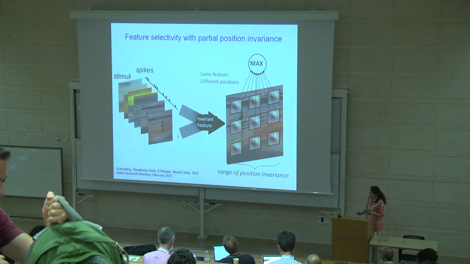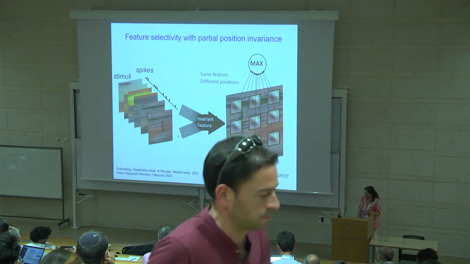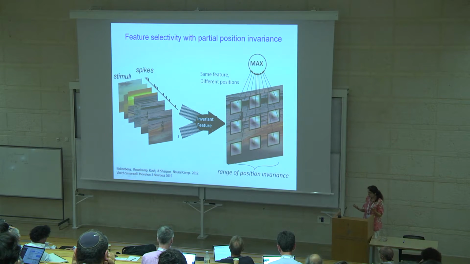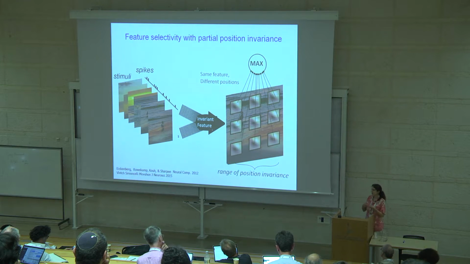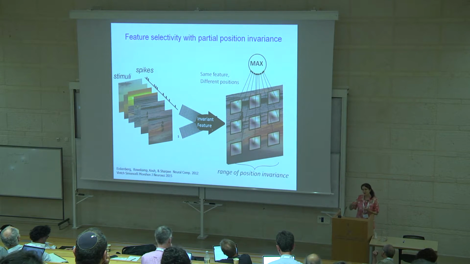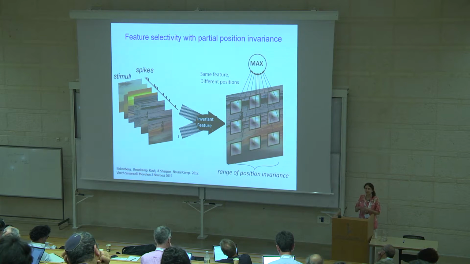The parameters of the model will be the profiles that are relevant for the response of this neuron, and the range of, say, position invariance. This framework of course generalizes to other types of invariance, such as scale invariance, although rotation invariance is more complicated.